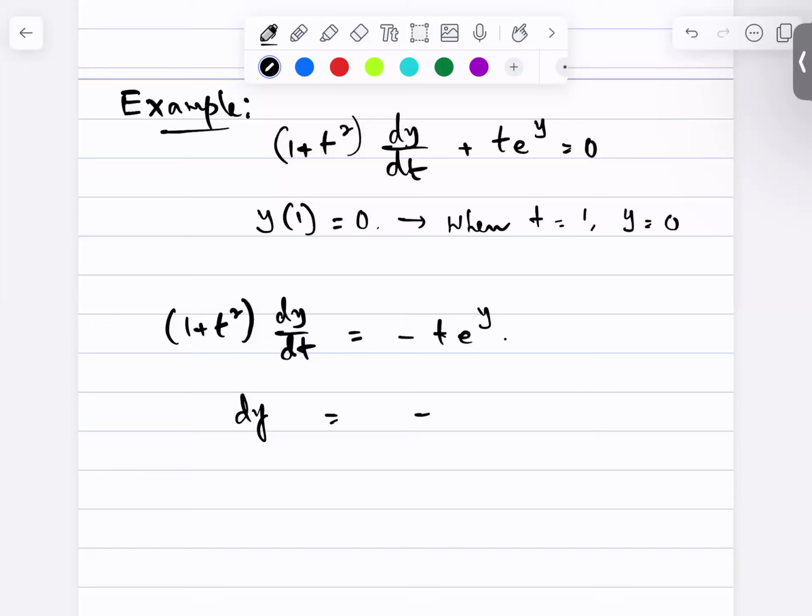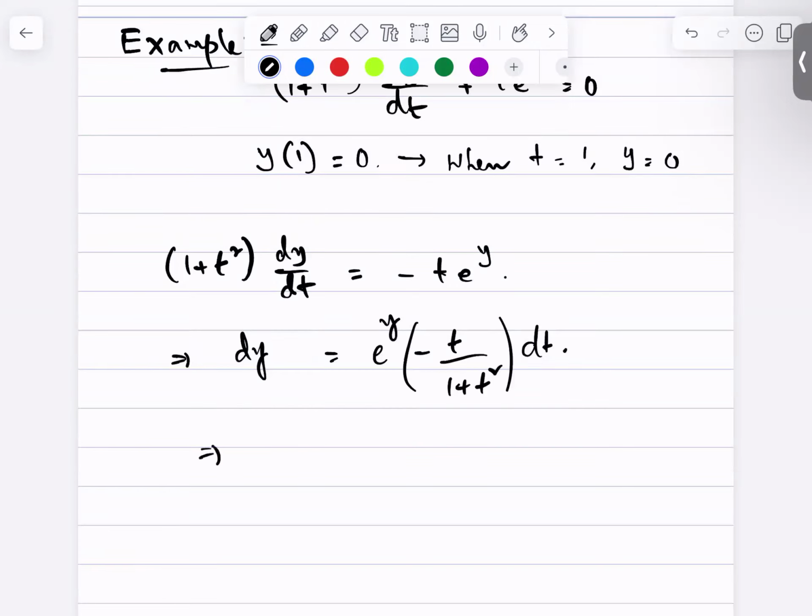So say minus t over 1 plus t square dt is there, and there is e to the y as well. But then e to the y should not be on the right side, it should be on the left hand side. So I'll collect the minus e to the minus y dy on the left hand side. On the right, I should have t over 1 plus t square dt.